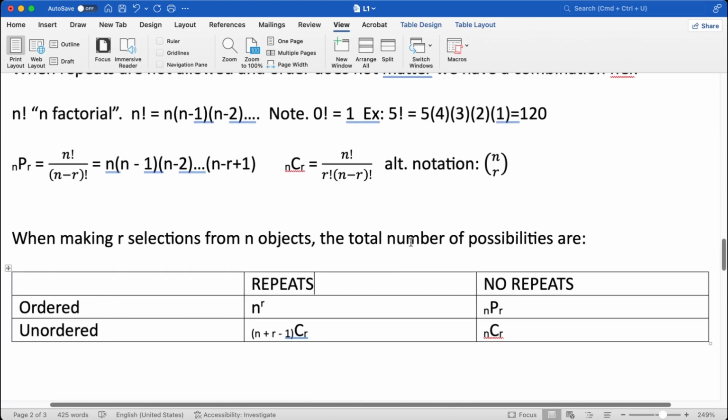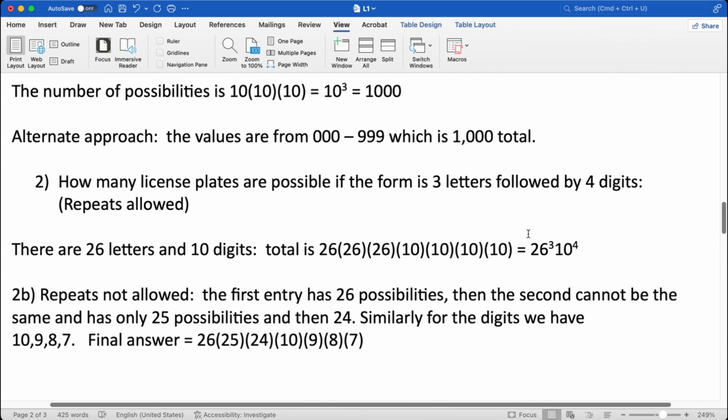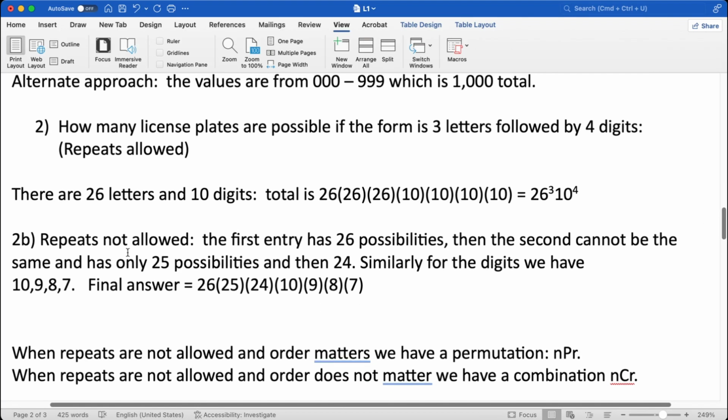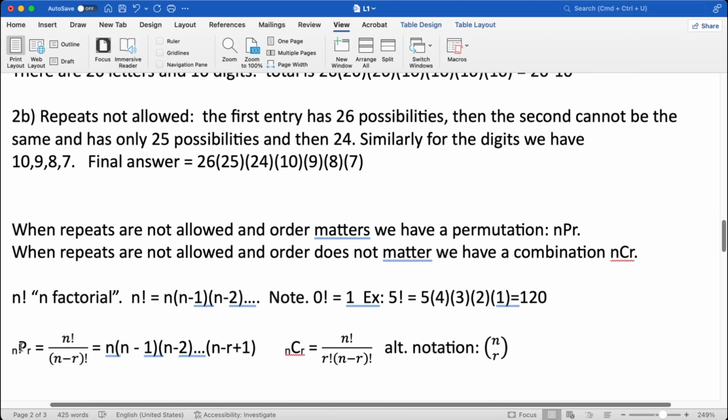Now, if order matters and repeats are not allowed, then we have an nPr permutation situation. And we saw that here with the license plate situation. It's 2b here, when repeats were not allowed. We had 26, 25, 24, and then 10 times 9 times 8 times 7. So this could be viewed as 2 permutations.